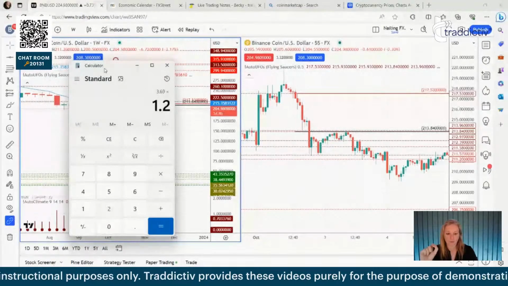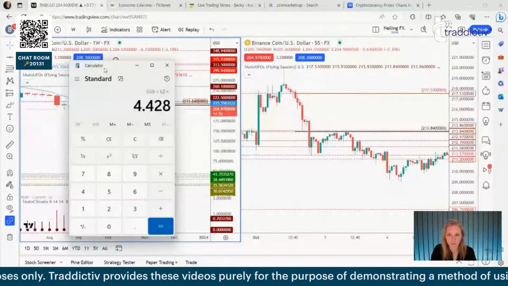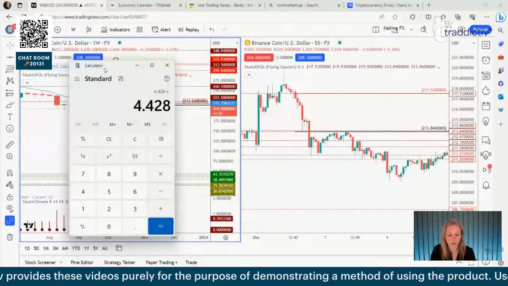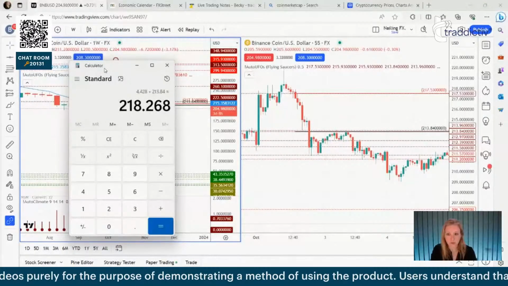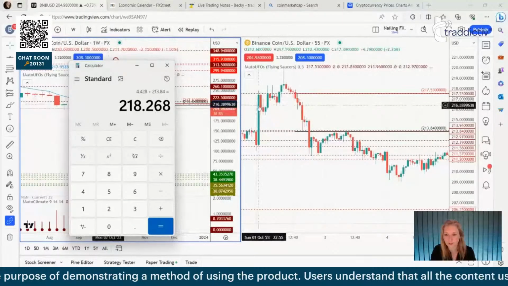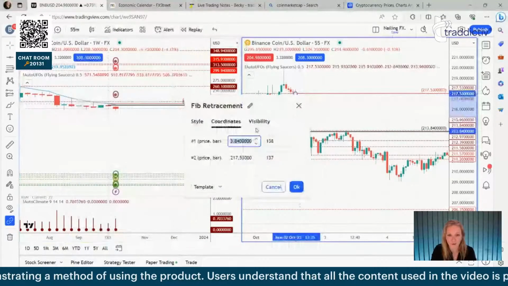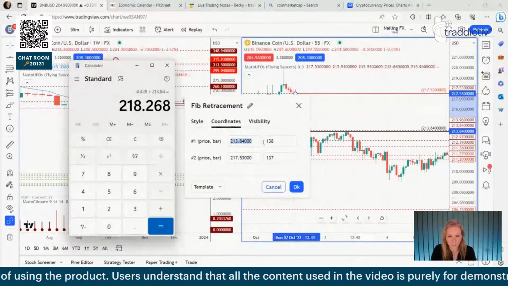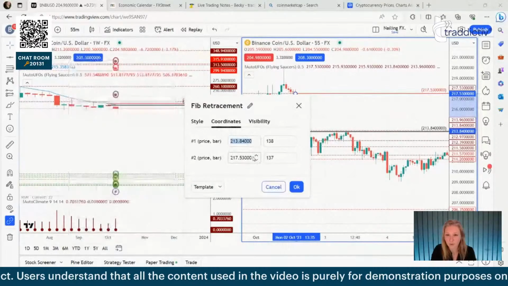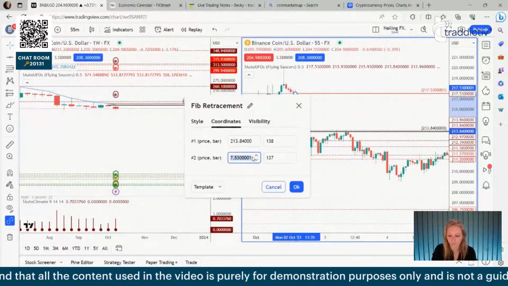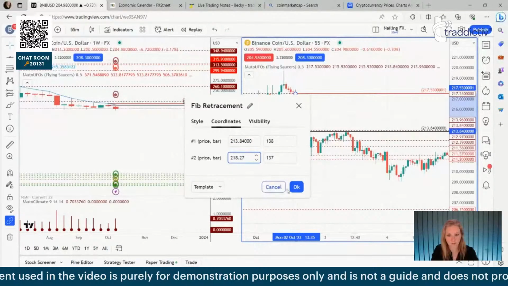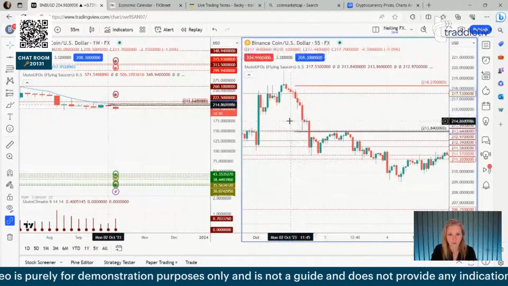We're going to times that by 1.2, so that's 4.428. We're going to add that to the entry, which gives us 218.268, and I'm going to round that up. So we're going to put 218.27. Okay, 218.27. So we've added 20% wiggle room.